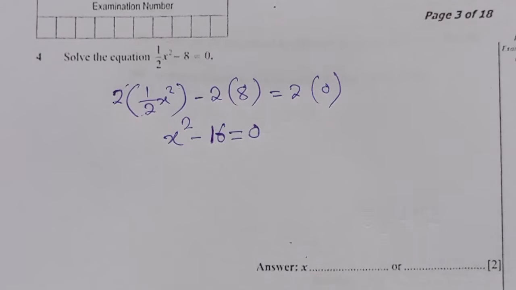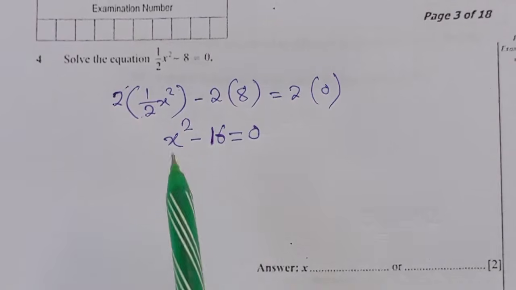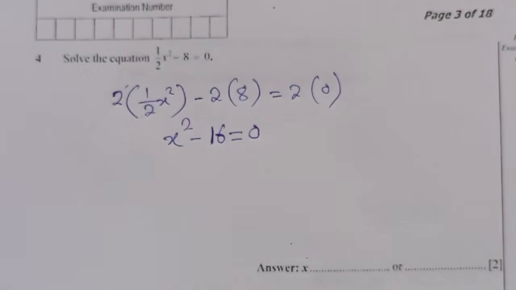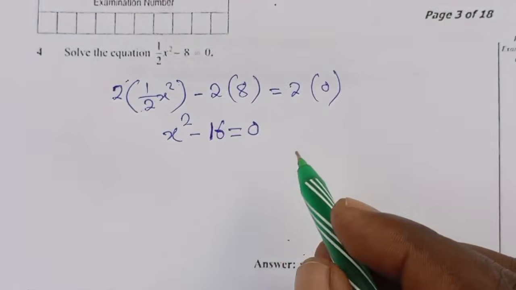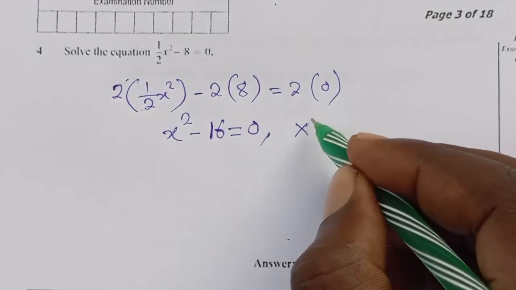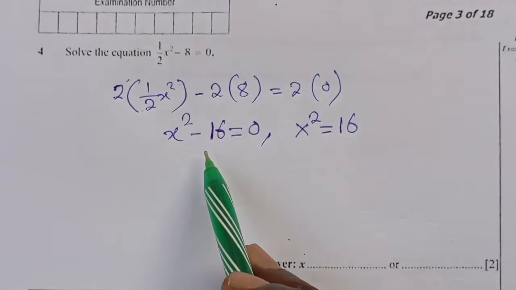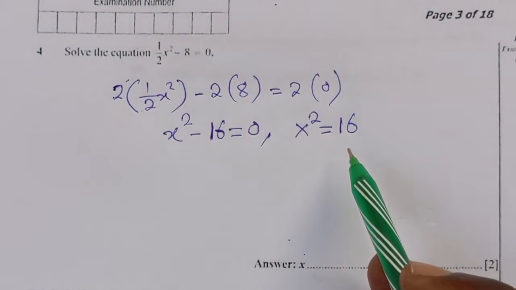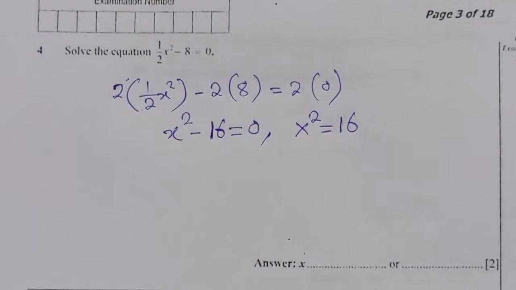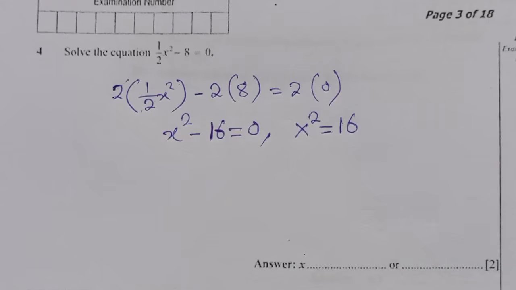Simple. So if you want to kill a fraction, you get the number on the denominator. You multiply it throughout the whole equation. So from here now, we group the like terms. This is just the same as x squared is equal to 16, because this is negative. Once it goes to the other side of the equation, it becomes a positive and there is a 0 there. So meaning that these are just simple like that.